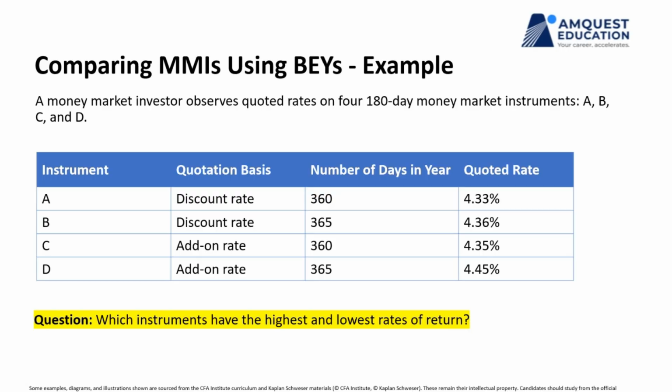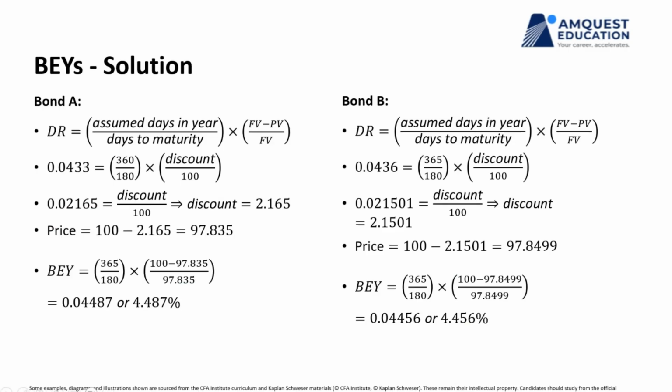Okay, question. 4 different instruments, 2 discount rate, 2 add-on rates, number of days, quoted rate. Which instrument has the highest and lowest rate of return? For each of them, you're going to calculate a DR, standard math, not a lot of problems, I think. And then we're going to do a bond equivalent yield. BEY is nothing but AOR, please remember. I'm sorry if that confuses you.